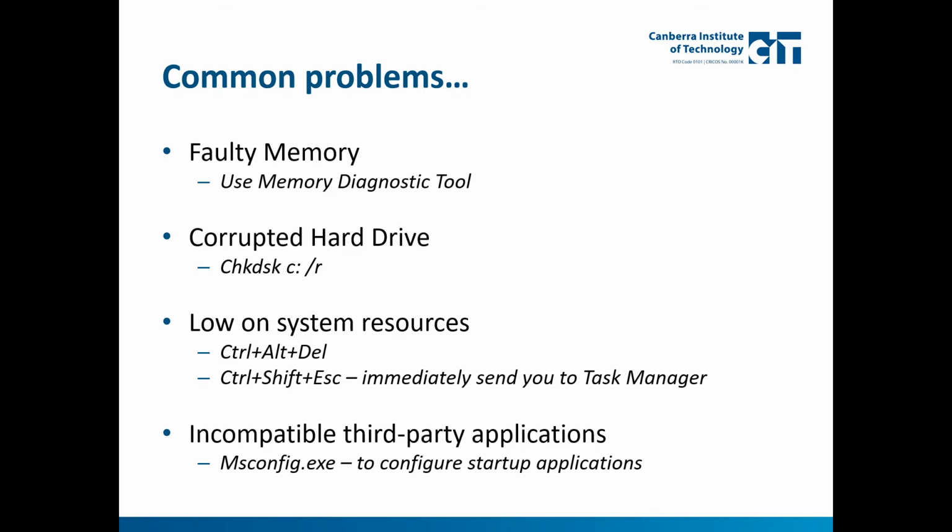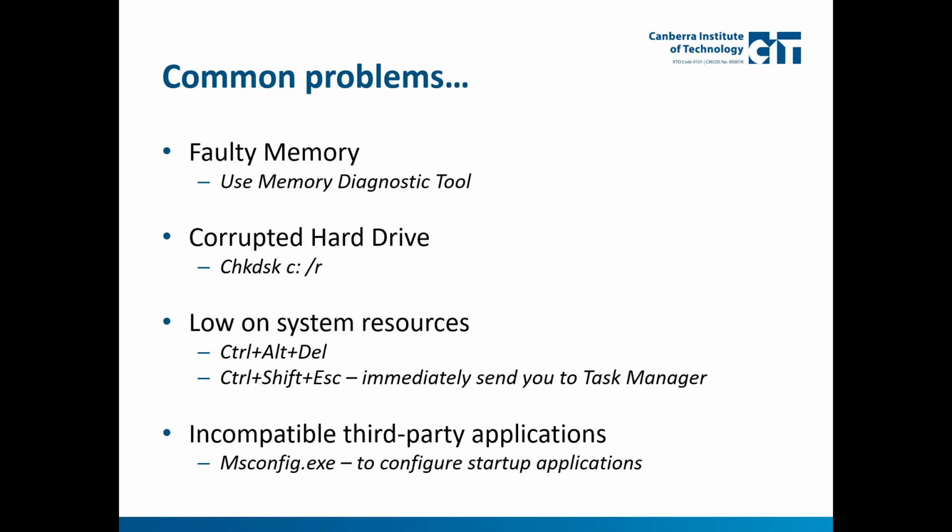So I always have to press Control-Alt-Delete and then click into Task Manager. However, if you want to open Task Manager straight away, you can just use Control-Shift-Esc. And that is amazing because you just get straight to the point. You get straight to where you want to be. You want to check the applications, you want to check the processes, you just use Control-Shift-Esc. It's a very useful shortcut.